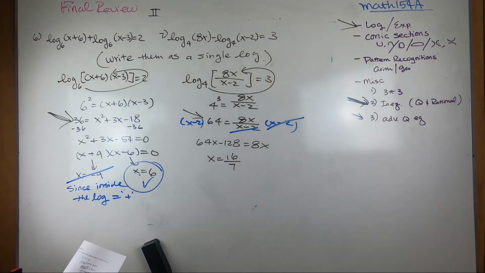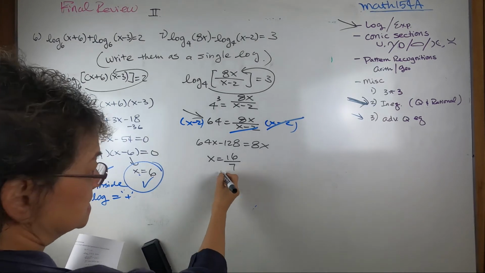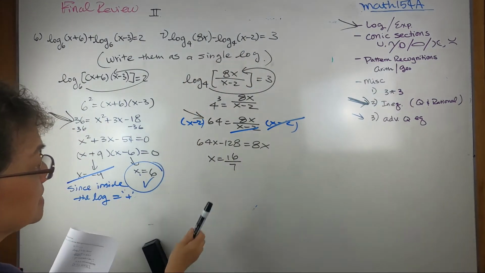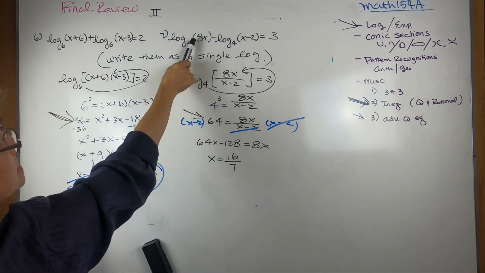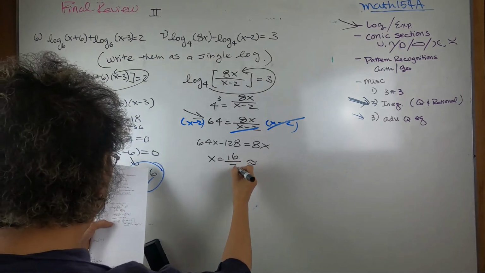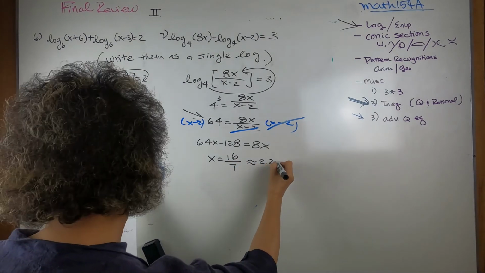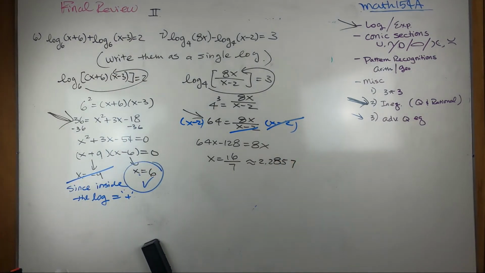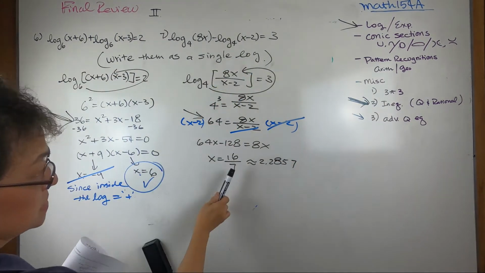Okay? Then we have to decide, can we use this answer? We check inside to see if it's positive or negative. Here is positive. Here, minus 2, we see. So this number, if you check on your calculator, should be somewhere there, right? So minus 2 is still what?